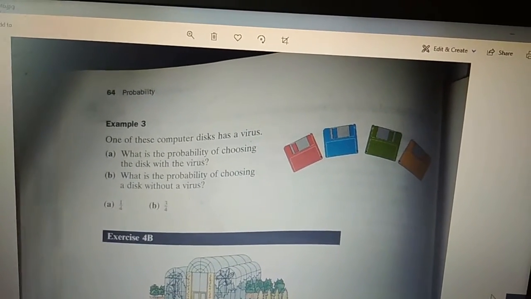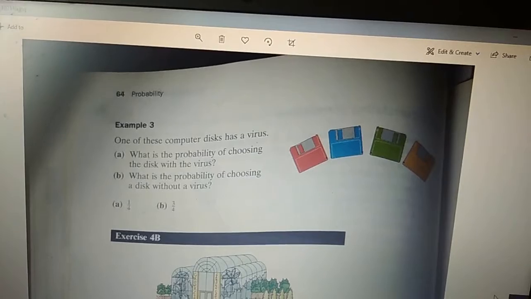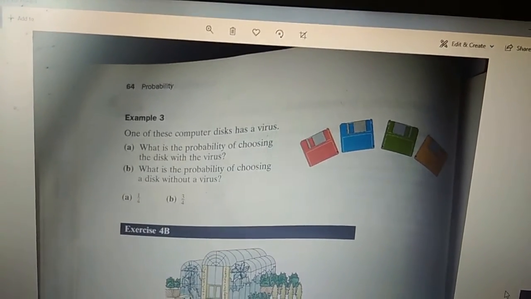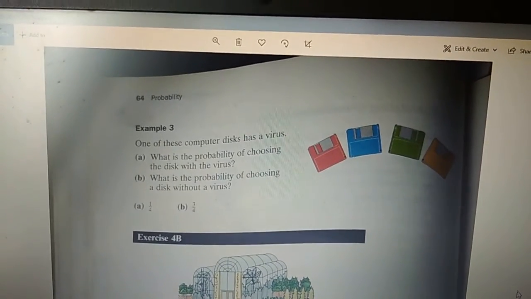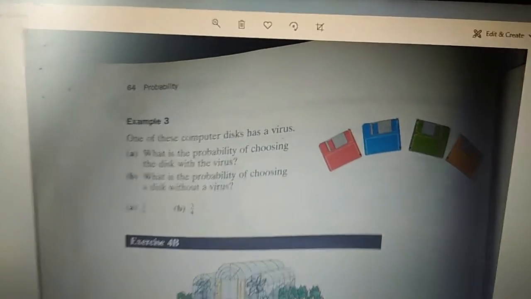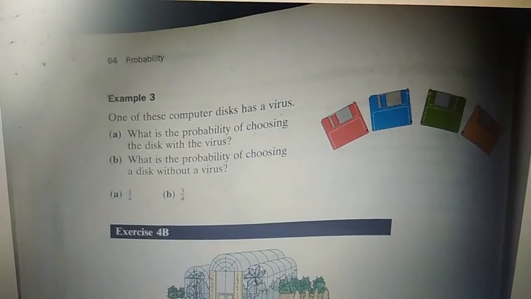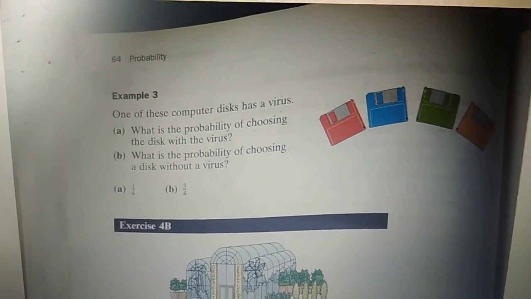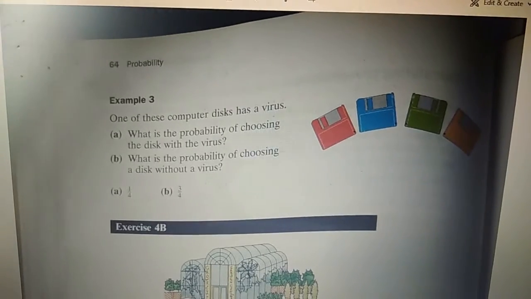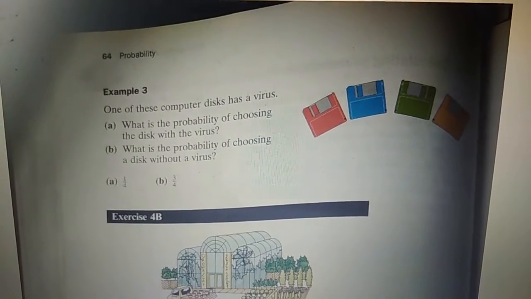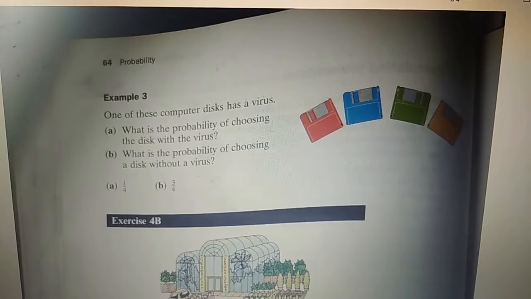It's very simple. We have total 4 disks, so out of 4 disks, only one will have the virus. What is the probability of choosing the disk with the virus?